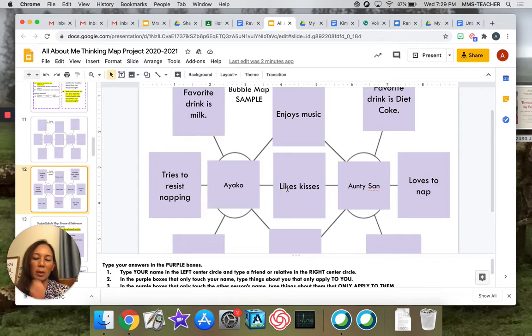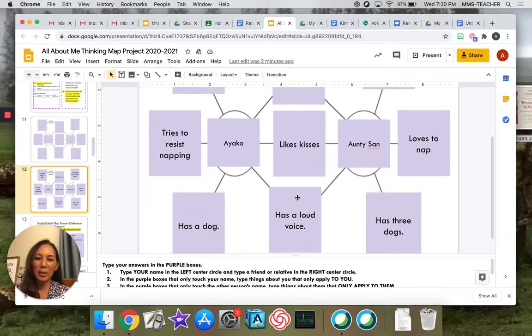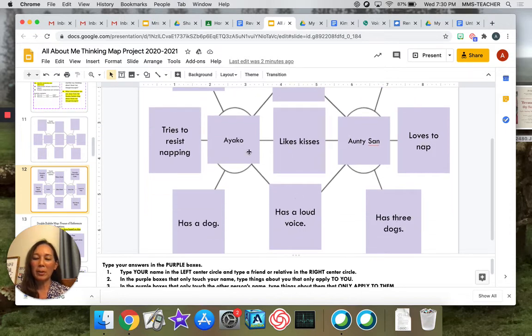Well, after talking to Auntie San, Ayako found out that they both like music. The second thing that they both enjoy are kisses. And the third thing that they have in common is that Ayako has a loud voice and Auntie San has a loud voice.